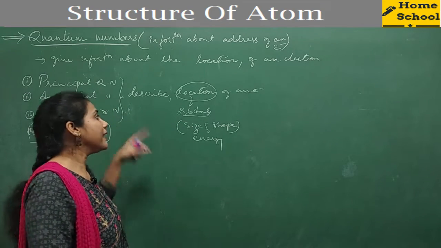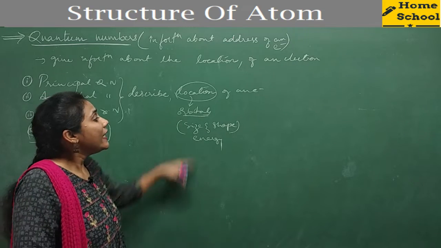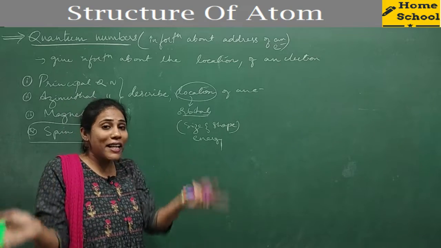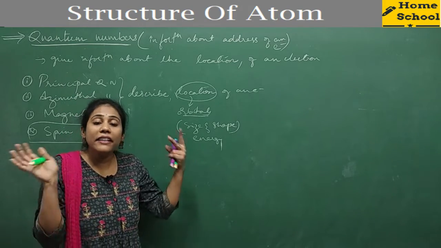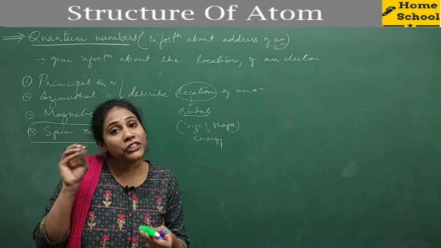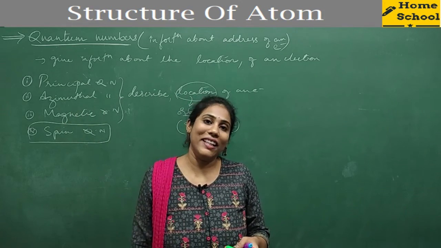These quantum numbers help us tell in which orbital the electron is present, what shape the orbital has, and what energy the orbital has. When you know these things, you can find out the nature of an electron.